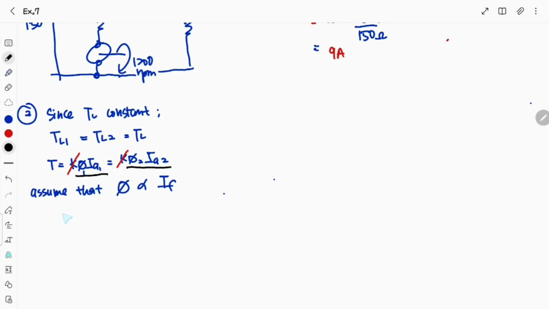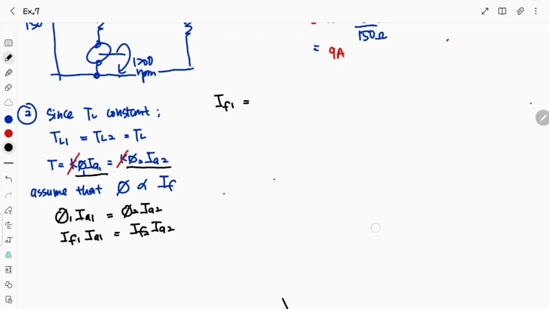Okay, so I write it back here. Flux 1 IA1 equals flux 2 IA2, and since the relationship is linear, you can say that field current 1 IA1 equals field current 2 IA2. 1 and 2, what's the difference?